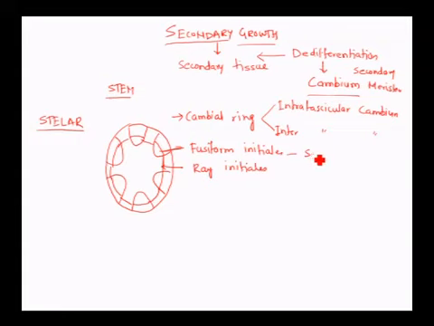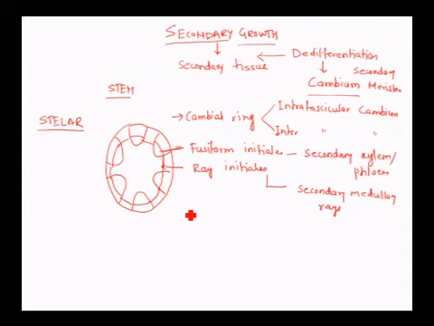Fusiform initials develop into secondary xylem and secondary phloem, while ray initials develop into secondary medullary rays.